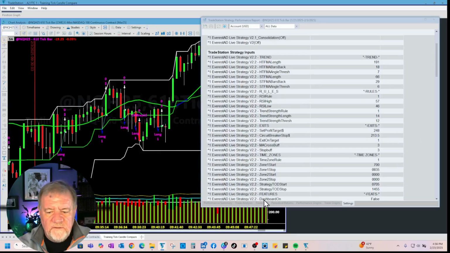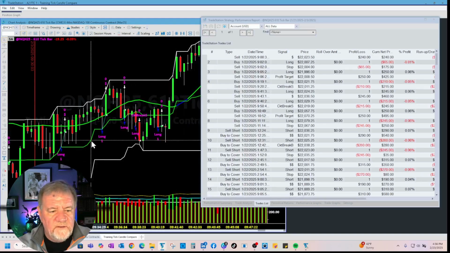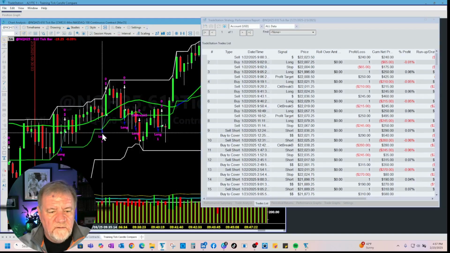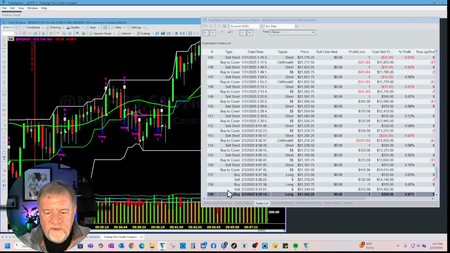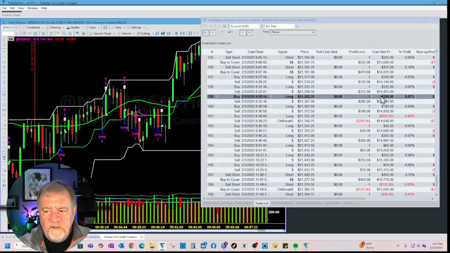If we look at all the different trades and we look at this trade right here, it's right down here. It highlights it. I made $295. Long story short, each candle passes through 4 times through the strategy software. So sometimes it's not exactly what you set it to, but it's usually not too far off.